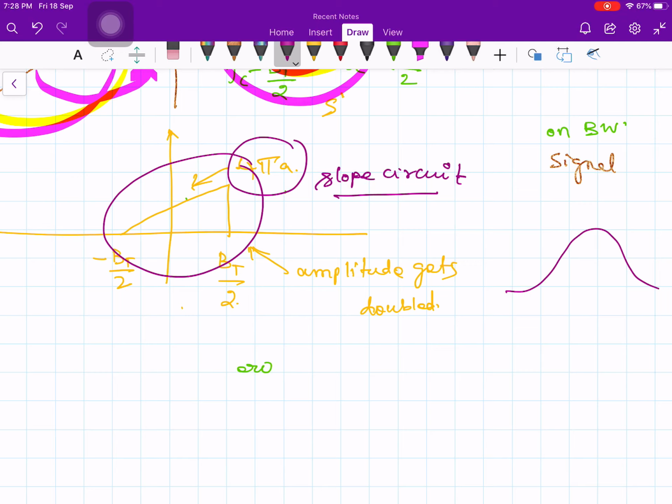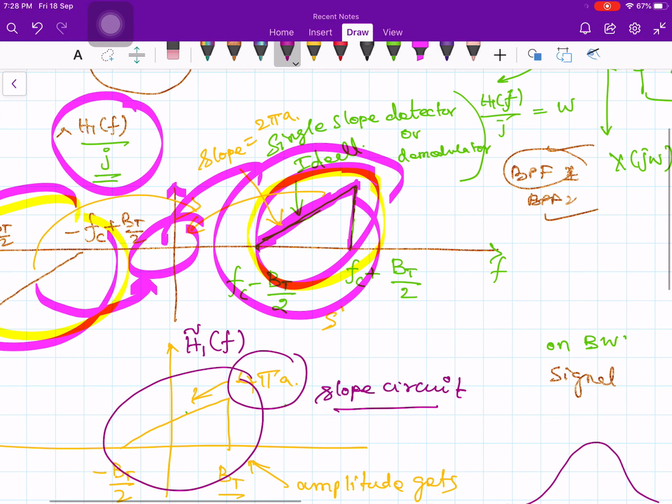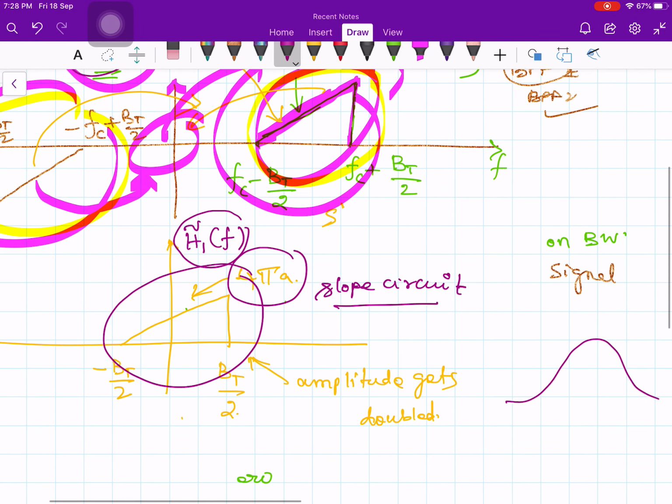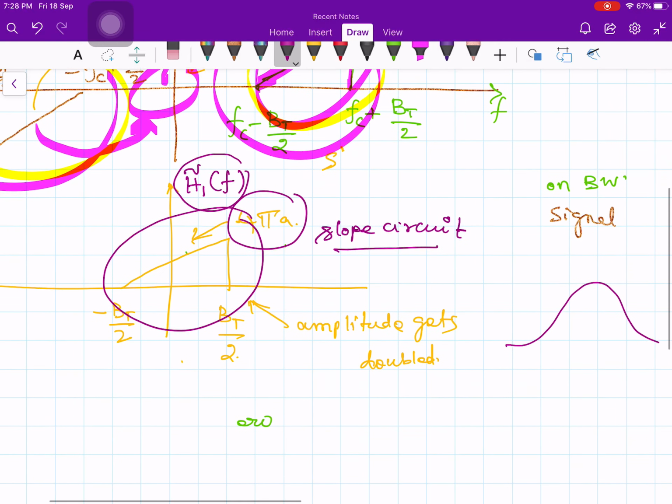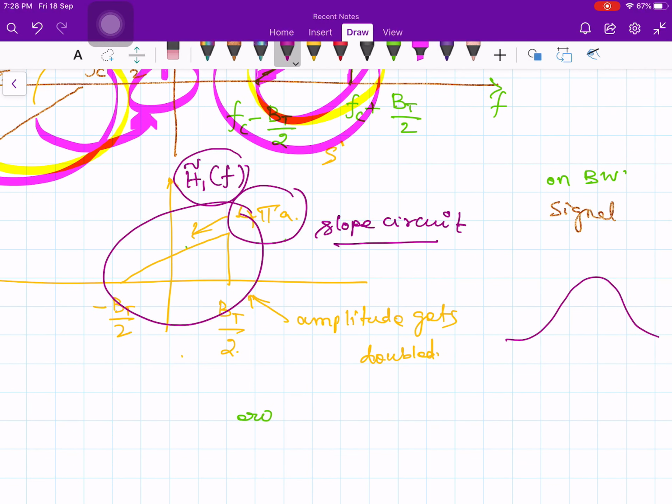Your bandpass filter is denoted by H1 of f divided by j, and this one is H1 tilde of f, and this H1 tilde of f is equal to j times 4 pi a. How do you represent this mathematically? It's a slope function, right?